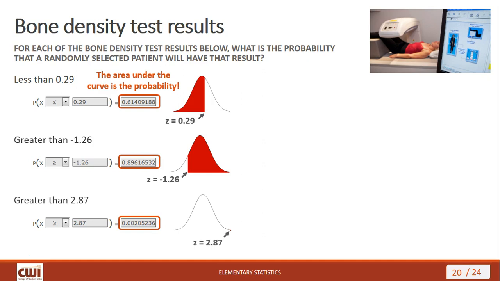Just go ahead and use the one calculator you called up originally and change the values in the fields to match what you need, and then hit compute, and out comes our answer. So here, greater than 2.87, that should give us a probability of 0.002. How about the probability that a randomly selected patient will have a bone density result between 0.15 and 1.11?